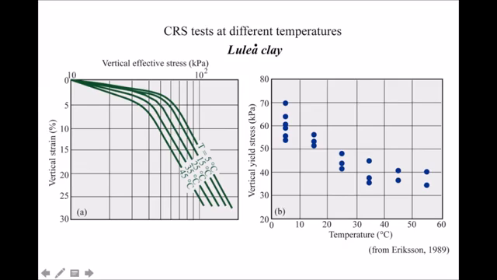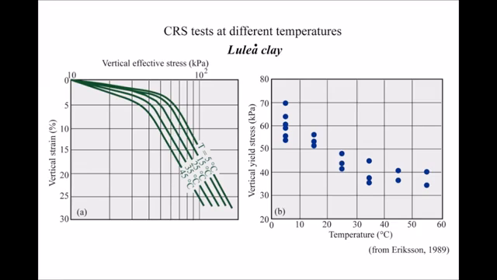You can see that the smaller the temperature, the larger is the vertical effective stress. And the pre-consolidation pressure, or vertical yield stress, is plotted here as a function of strain rate. So there is a decrease with increasing temperature.